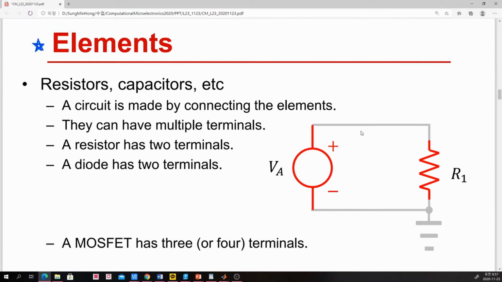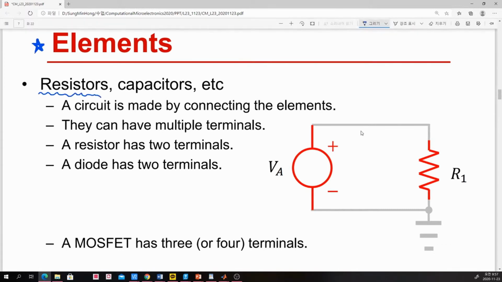Elements represent resistors, capacitors, inductors, transistors, diodes; any of the components we treat as a certain chip or something which can be bought in your electronic parts shop.